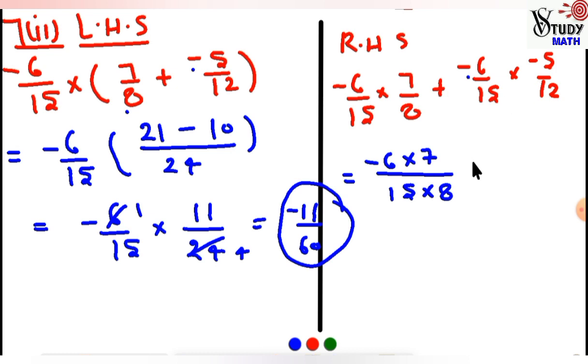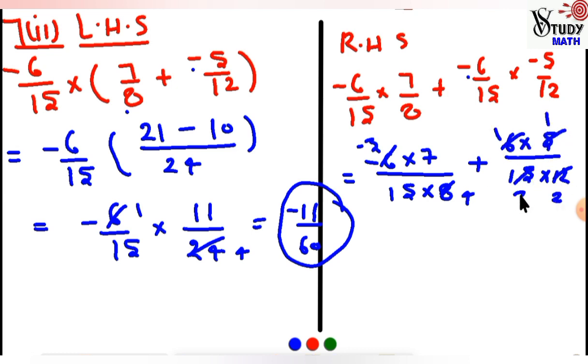Negative negative becomes positive, so positive remains the same here. 6 going to multiply by 5 and 15 going to multiply 12. So 2 say negative 3 times and 4. 6 1 ja 6, 6 2 ja 5 1 ja 5, 5 3 ja. So now we have negative 21 upon 60, positive 1 upon 6.